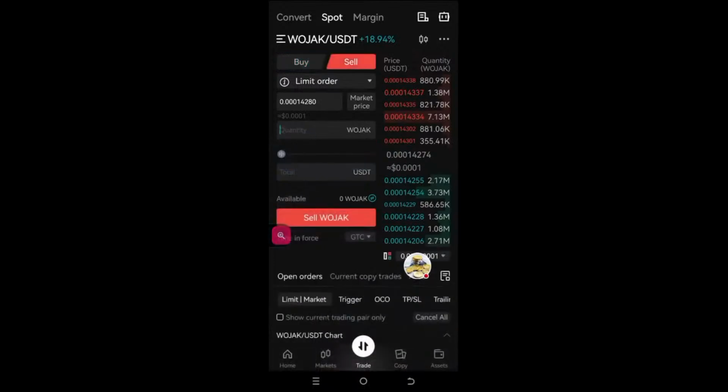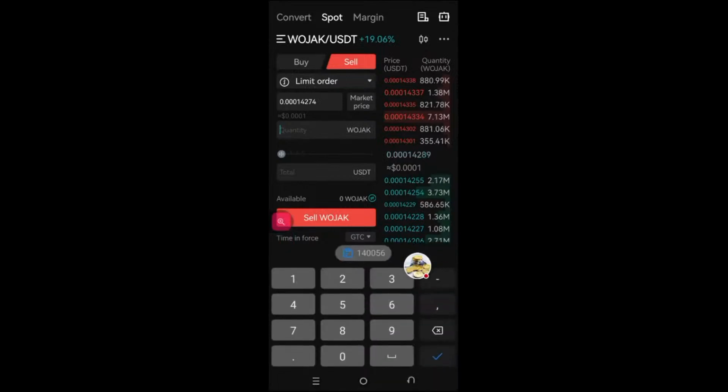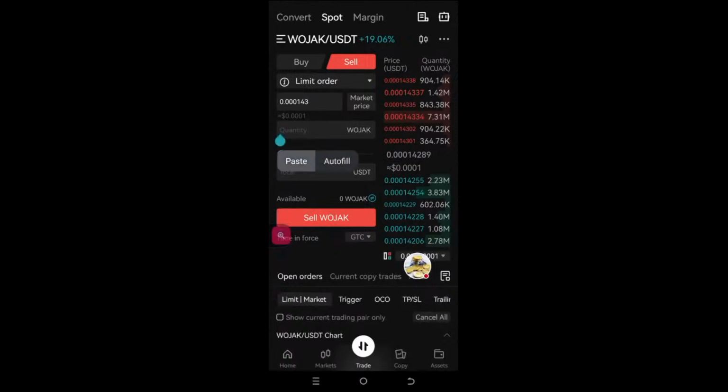Cut. Sell. It's actually on the highest, so we have to choose something that what do we have here now? 142. So let me put 143. Okay. Wojak. What a name. What's that?